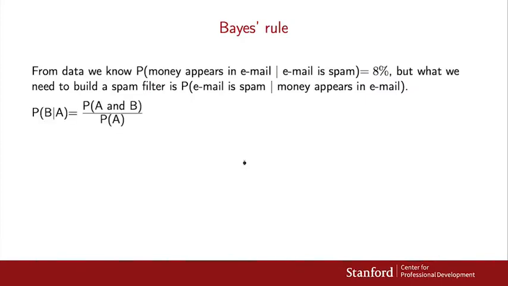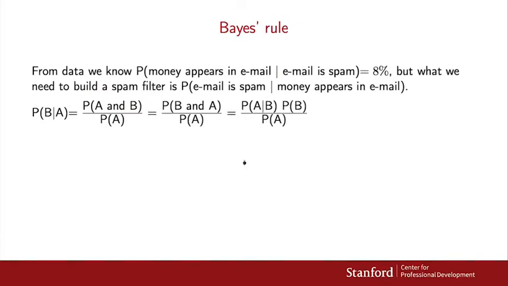The formula for conditional probability says that the probability of B given A is the probability of A and B divided by the probability of A. But A and B is the same as B and A, so I can simply switch the roles of A and B in the numerator and write the probability of B and A, and then I can use the same formula for conditional probability with the roles of A and B reversed.